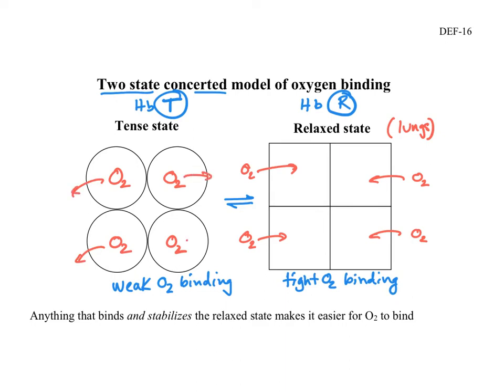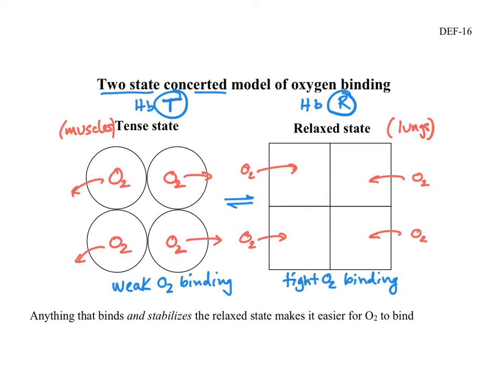And this is what you want to be happening in the muscles and the tissues. So what we need to describe now going forward is, how does hemoglobin know to be in the relaxed state, tight oxygen binding in the lungs, but weak binding in the tense state in the muscles? It's because it works this way.